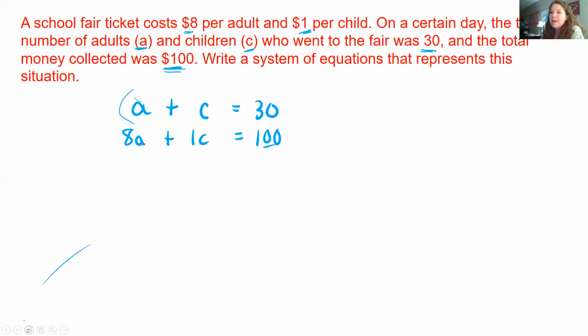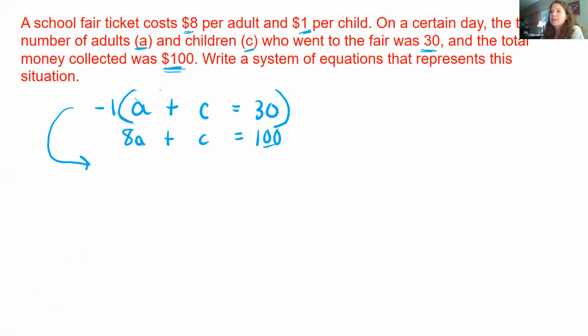Since my C's match, I know I can eliminate my C's if one of them is a negative C, right? So I am going to multiply this whole equation at the top by -1 so that I can eliminate my C's. All right, so I'm going to bring that first equation down.